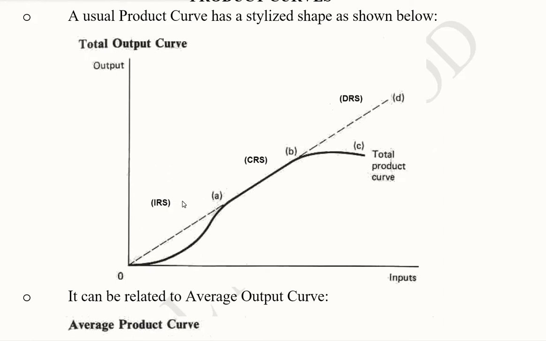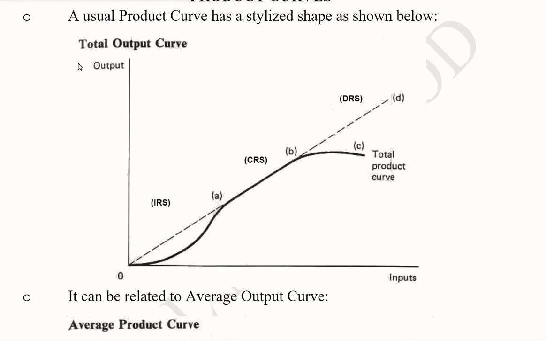As you can see, the inputs and output have a certain relationship in which there is an increase in the slope of the curve, and then we have CRS, that is constant returns to scale, as the slope has become constant, and this is where decreasing returns to scale will hold, as the increase in inputs is not giving us an equal proportion of the output. We have understood the returns to scale.